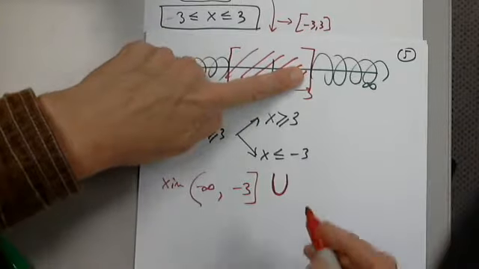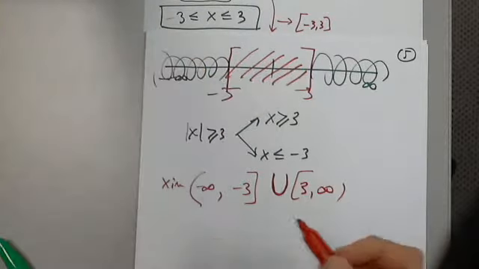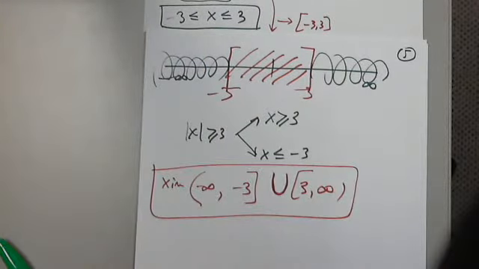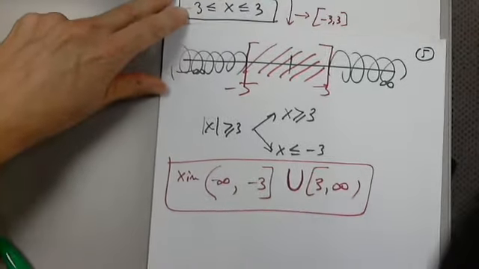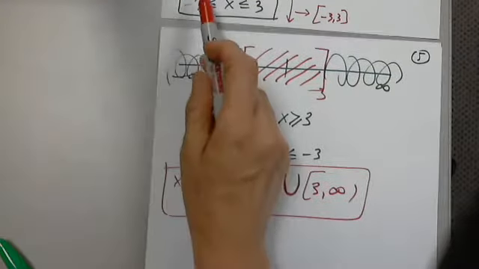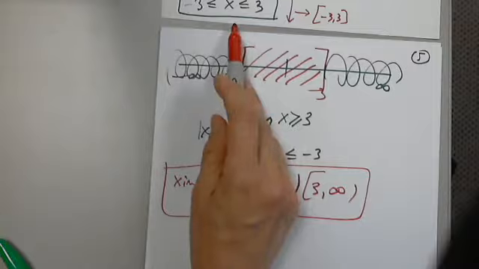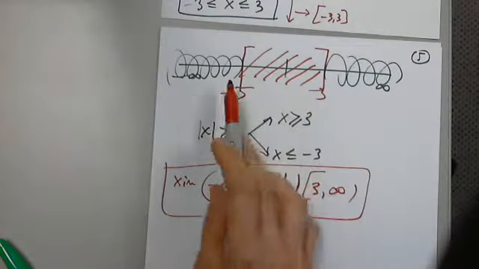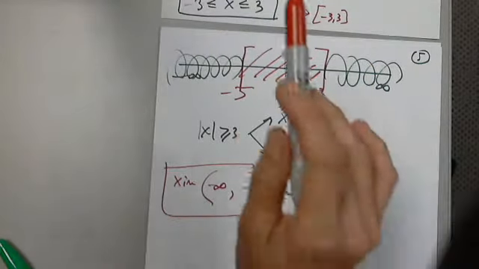And then 3 and something. Awesome. So please be aware of these two different types. One that says I'm in between, and the other one that says I'm completely outside.